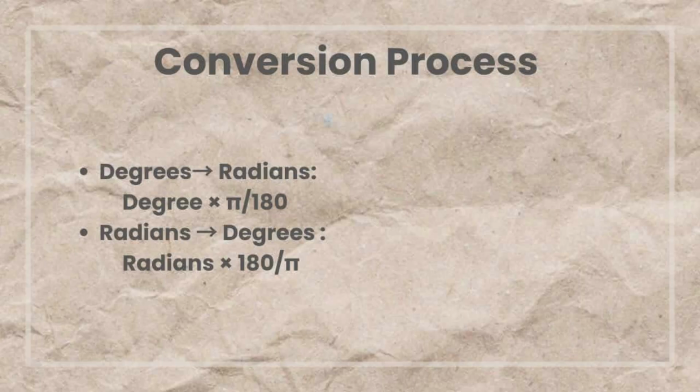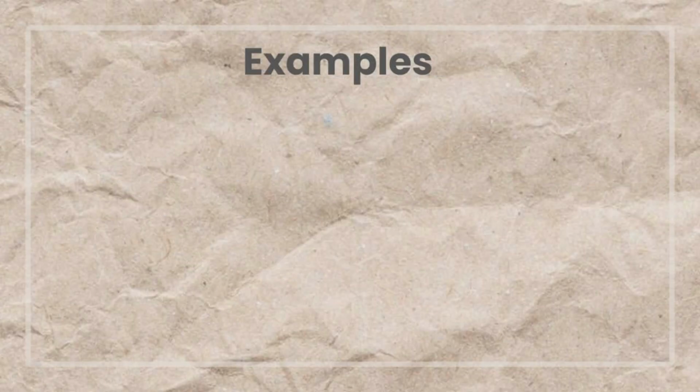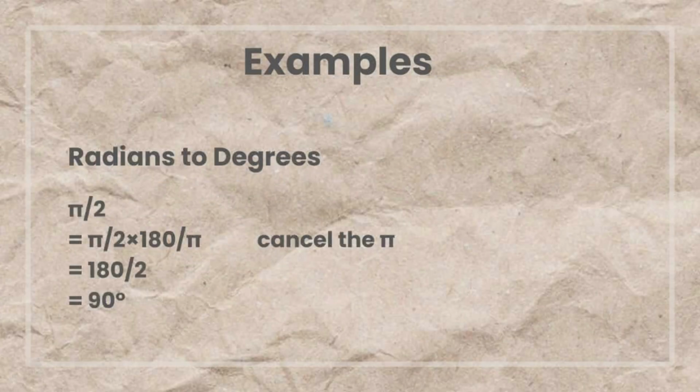If you are given radians, multiply it by 180 over pi. For example, pi over 2, we want to turn this into degrees. So, pi over 2 times 180 over pi is equal to 90 degrees.